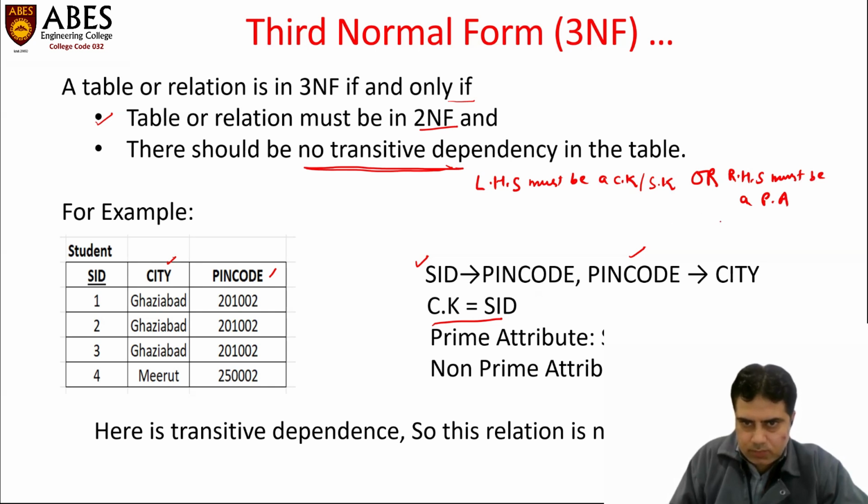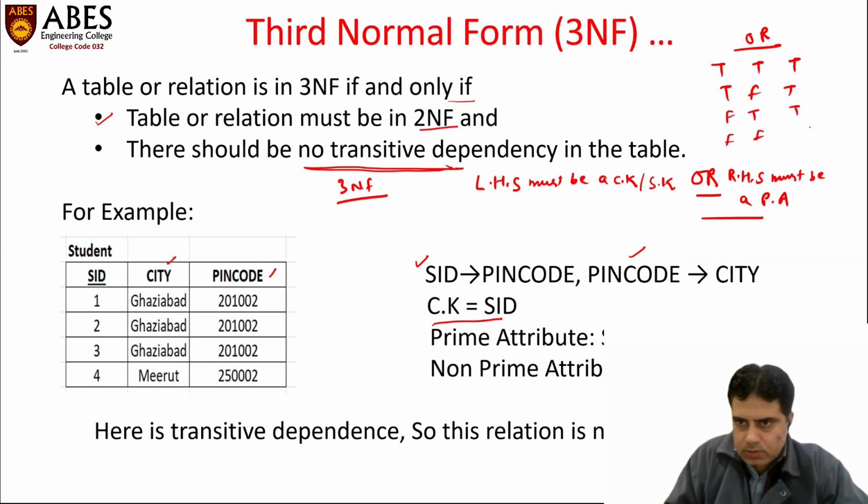This is the condition for no transitivity for 3NF. There is a logical OR between them. Logical OR means true-true is true, true-false is true, false-true is true, and false-false is false. So in case of true, this is in 3NF, or in case of false, it is not in 3NF.